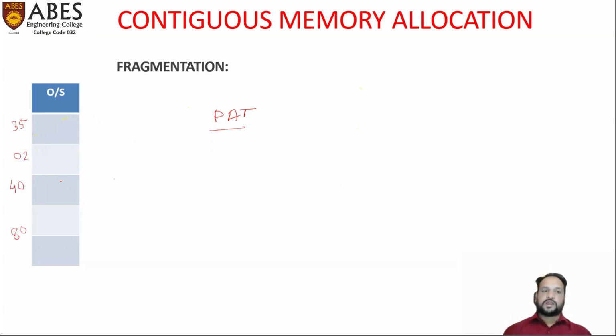Now again, we are taking an example to clarify the concepts of fragmentation. This is our OS residing in the main memory, and it is of 25 MB size. Later we have 40 MB, then a part of 10 MB, 50 MB, 30 MB, and 40 MB.